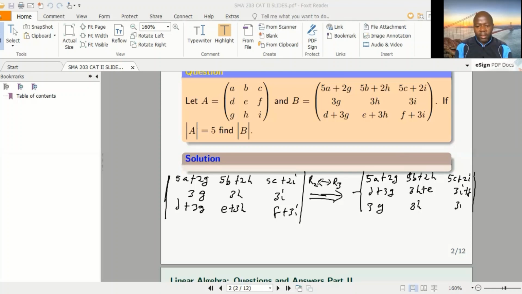So I've just interchanged row 2 and row 3, and you can see the effect of that is that I have a minus outside. The sign of the determinant changes.